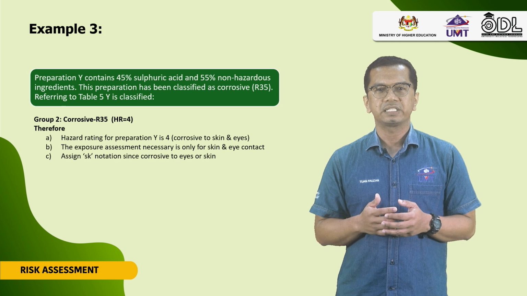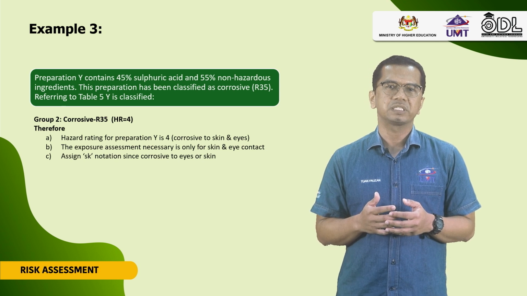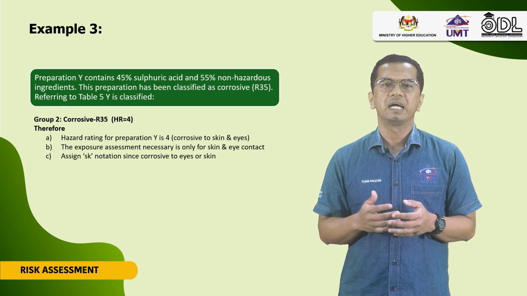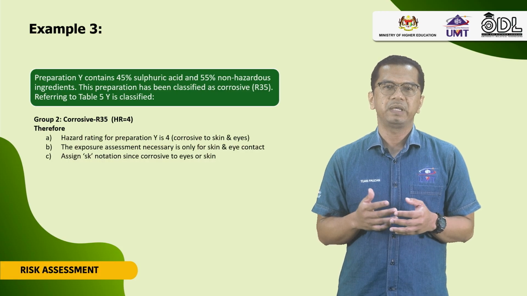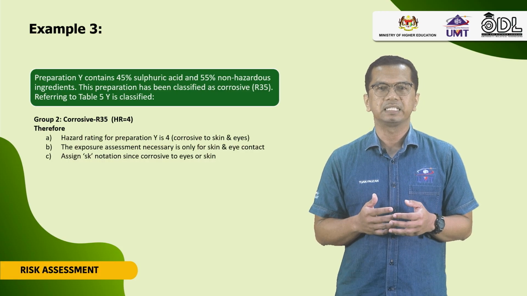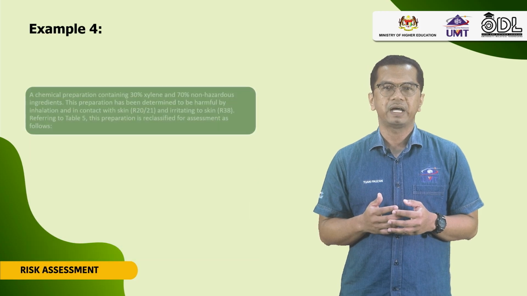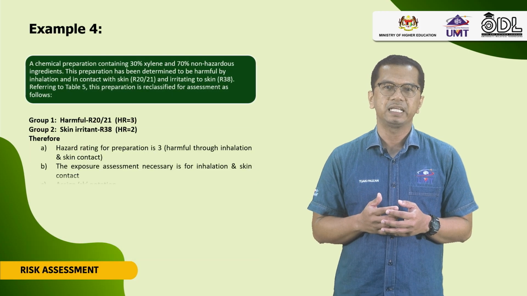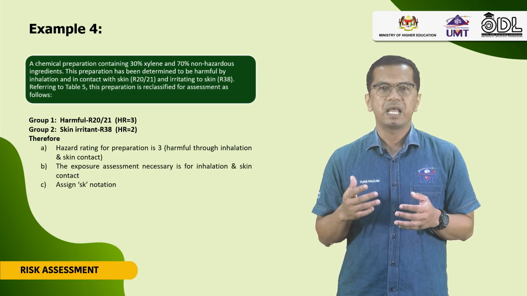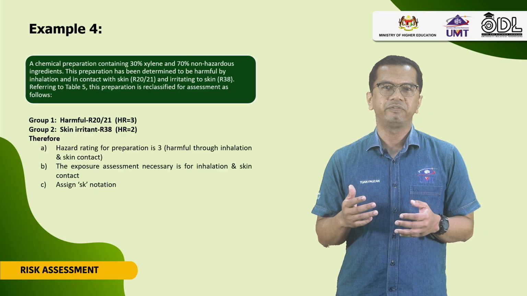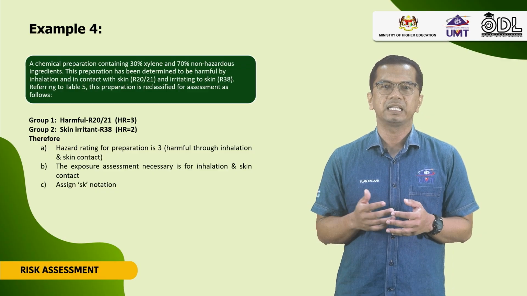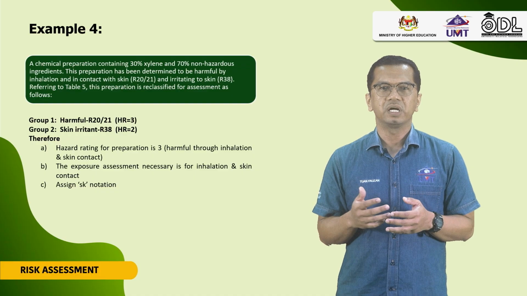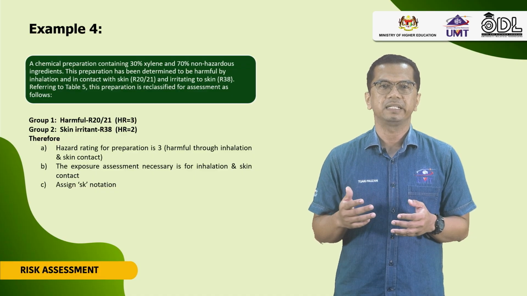Next, let's look at a chemical preparation containing xylene and non-hazardous components. This preparation is made up of 30% xylene, which is harmful via inhalation and irritating to the skin. Based on risk factors, it's harmful by inhalation and skin contact, R20 and R21, and also a skin irritant, R38.